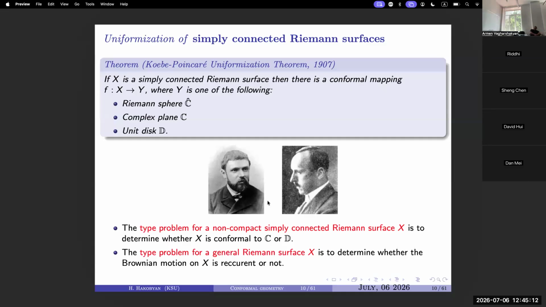So the type problem for a general non-compact Riemann surface is to figure out if it's the plane or the disk.